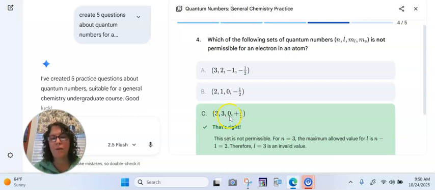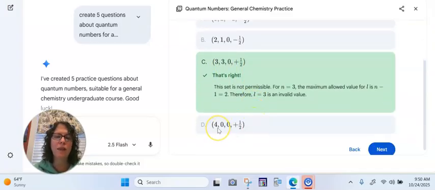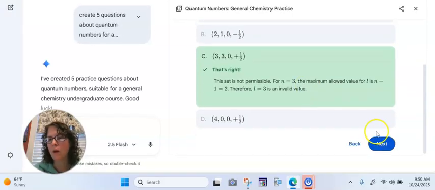So this one's going to be limited by whatever this one was. Just to mention this one, if n is equal to 4, allowed values were 0, 1, 2, and 3 for L. If this is 0, then M sub L must be 0, and then that one is positive 1/2. All right, we got one more question.